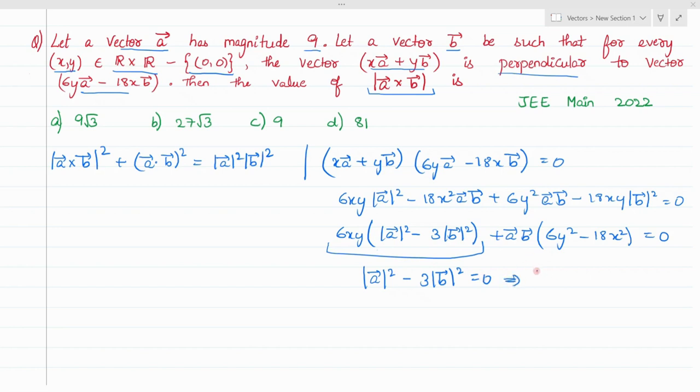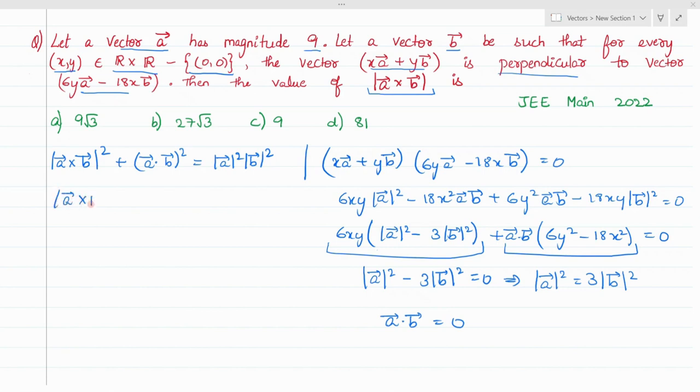From here we can write mod A square is 3 mod B square. And when will this be 0? Here x and y can't be 0, it's already given in the question. So obviously A dot B will be 0. Just substitute the values over here.